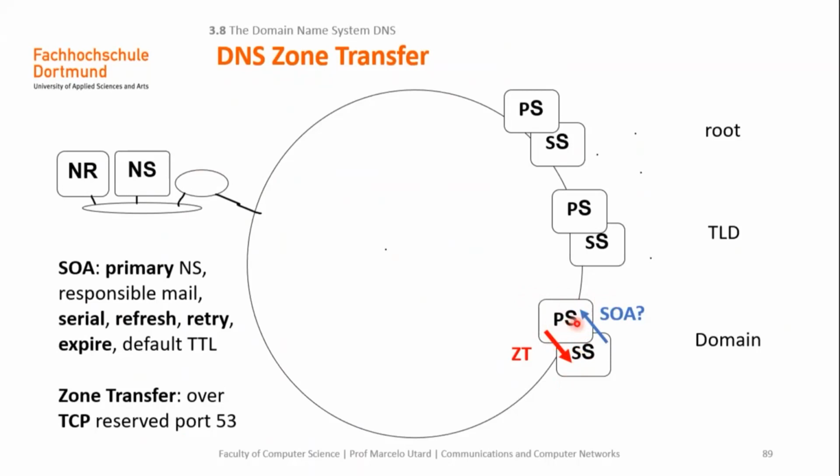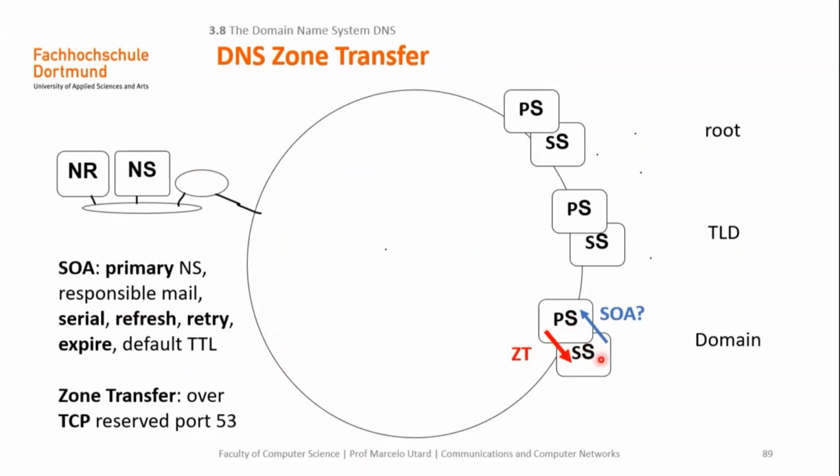But after the change performed on the resource records of that zone, the secondary servers have to update the resource records of the zone that they have in their machines, in their hosts.